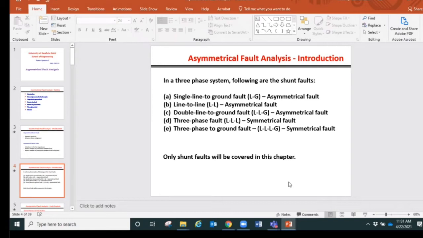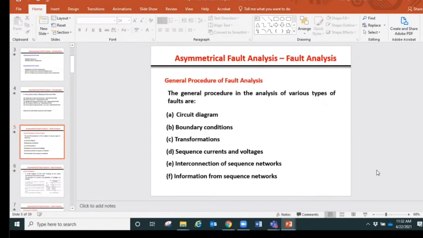So these are the 5 different types of faults. All of them are shunt in nature and are going to be covered in this chapter. Series faults are much more complicated to analyze, and like I mentioned, it's another 500-600-700 page book. Too much. So we will go to them now.